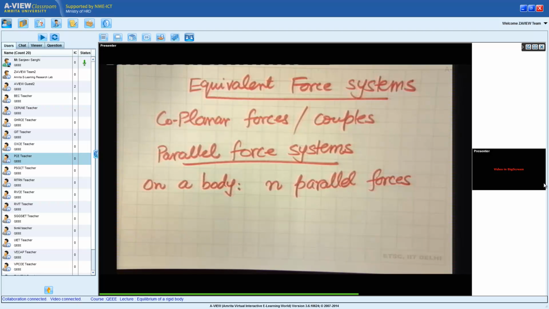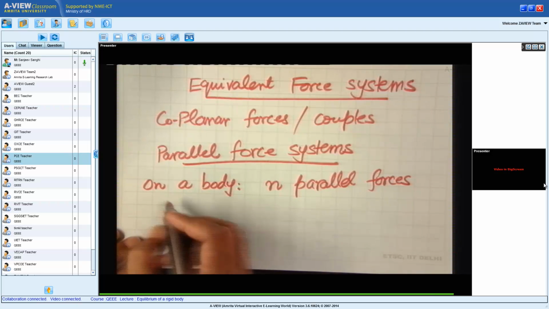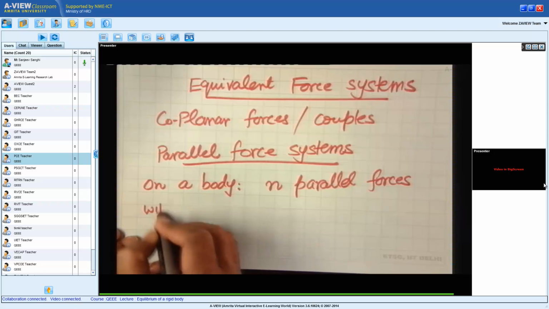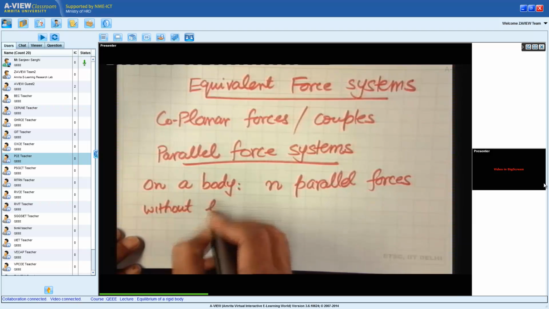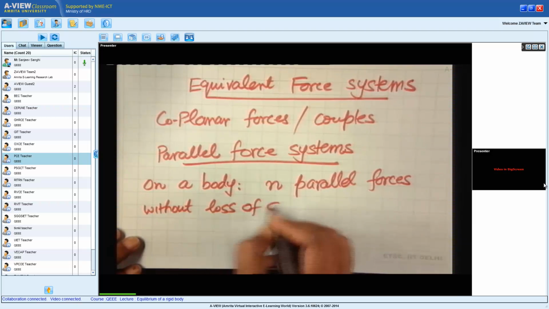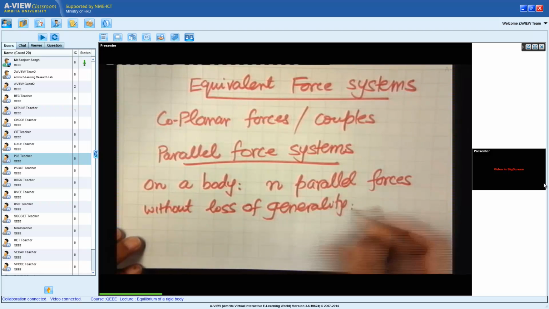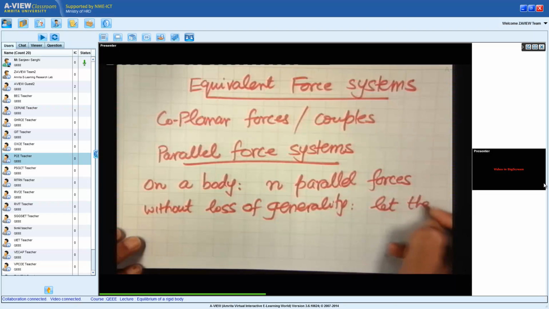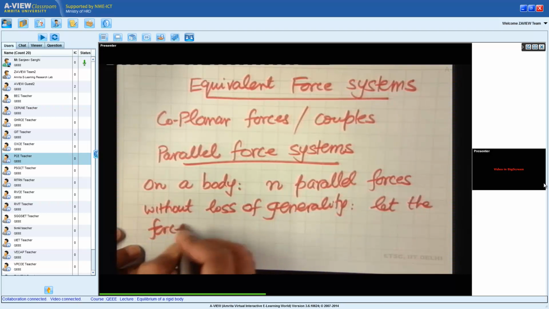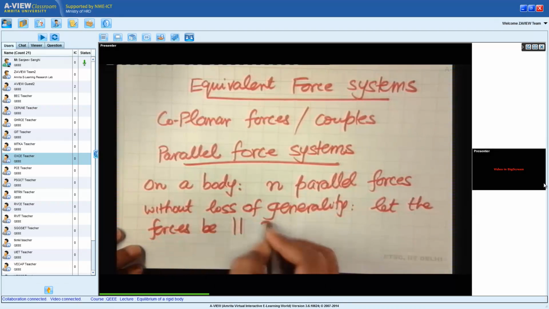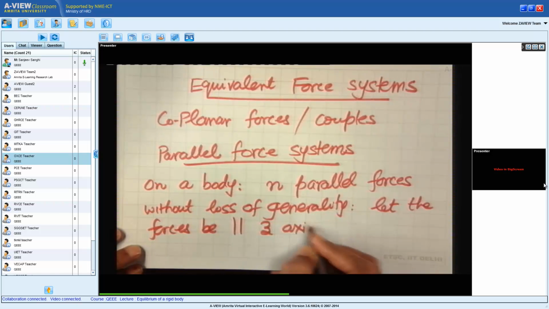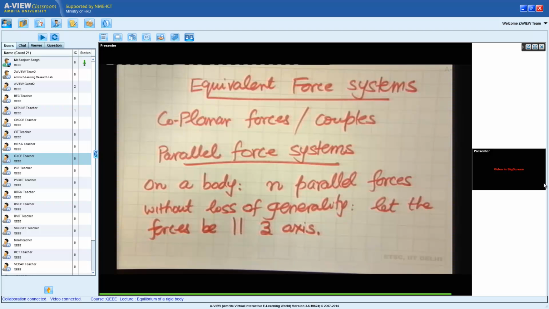So what we do is, because they are all parallel, without loss of generality, let the forces be parallel to the z-axis. Why do I say without loss of generality? Because we are free to choose our coordinate system the way we like.